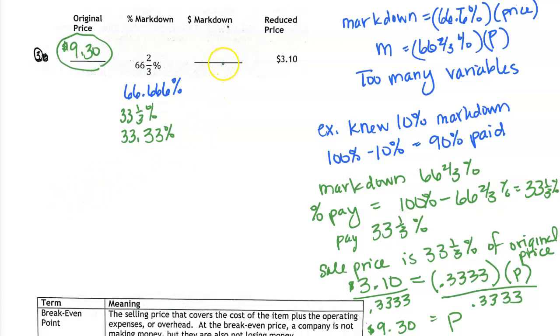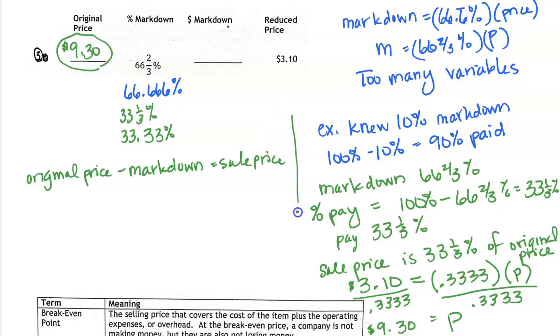Now we can find the dollar amount for markdown by comparing the original price and the reduced price. So we know that the original price minus the markdown equals the sale price, which could also be called the reduced price. So our original price is $9.30.